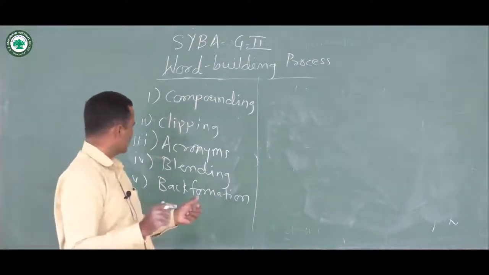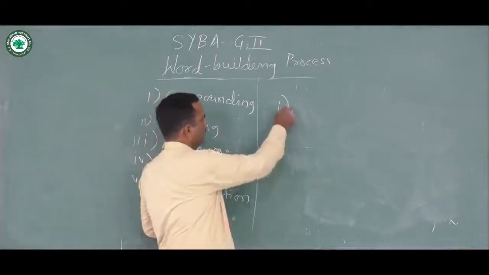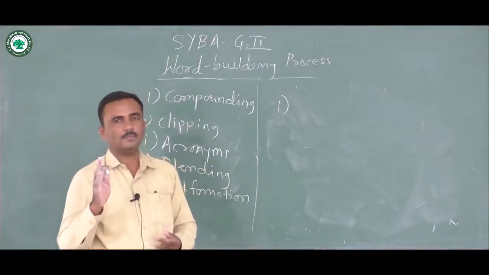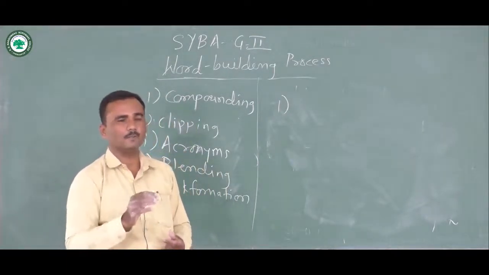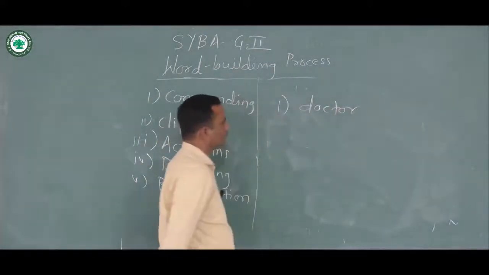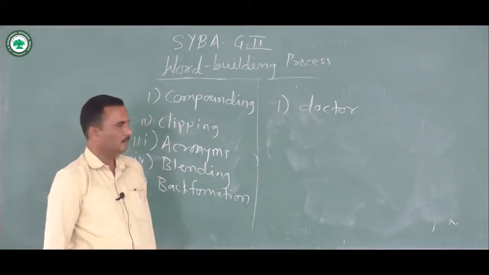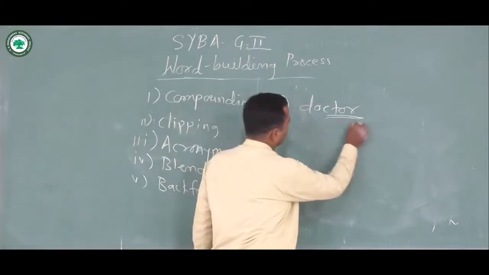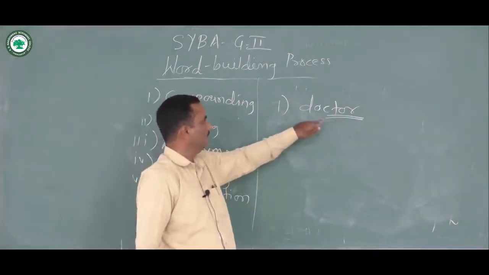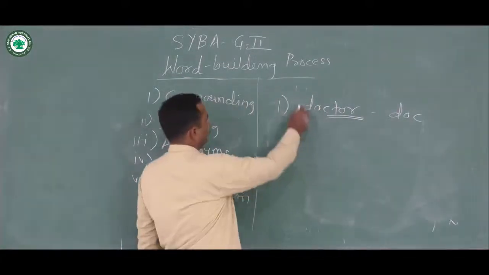Now we are going to discuss how it takes place. For example, let us see how clipping takes place at the second part of the word and how the first part of the word is retained. Now look at the word doctor. In the noun doctor, generally the second part of the word is clipped, that is TOR is clipped, and only the first part is retained: doc.